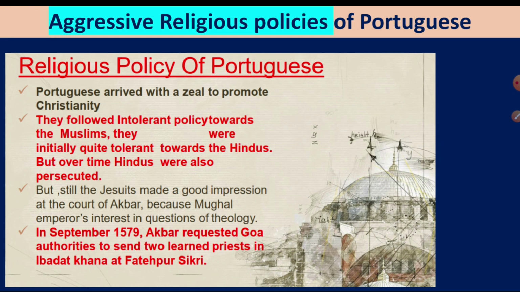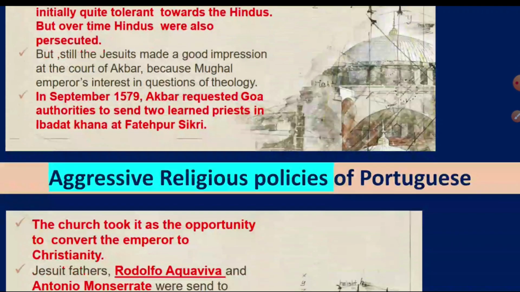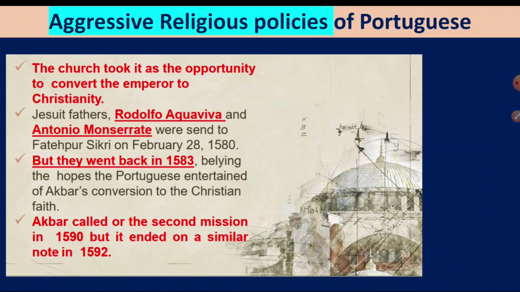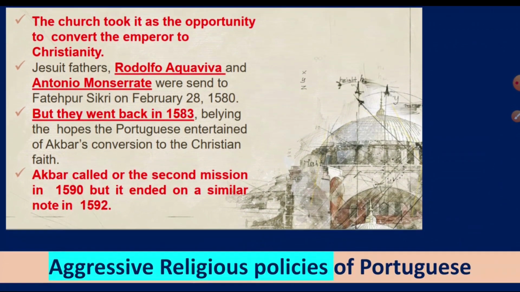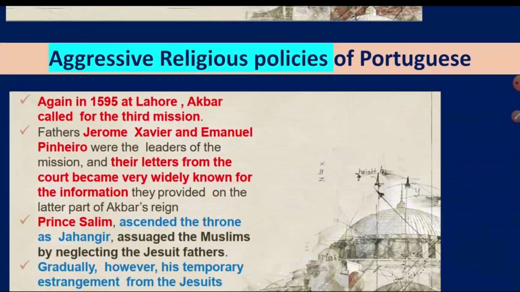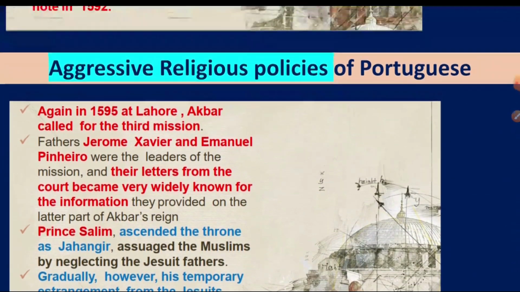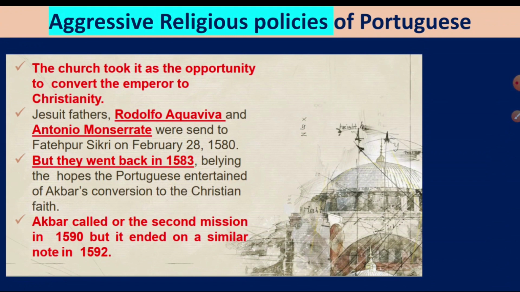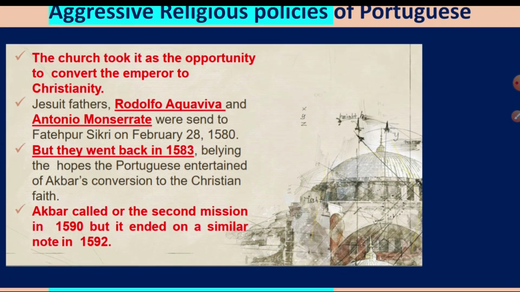A lot of scholars say that Akbar was about to convert to Christianity, but it did not happen. So in 1579, then in 1583, then in 1595, three missions were sent to Akbar, saying: fine, we'll talk to you, we'll make you understand what Christianity means.